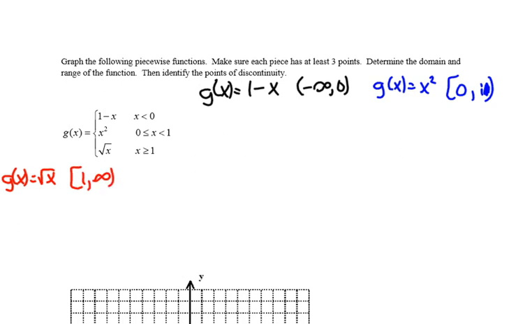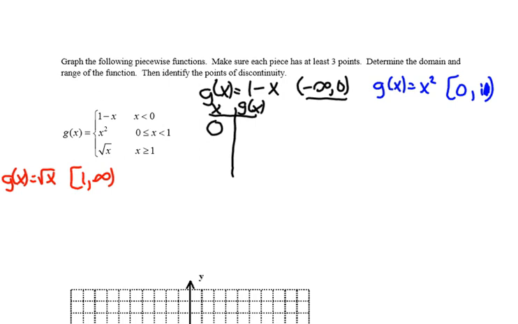All right, so let's create a table for this. But remember, you need to keep track of what your domain for each particular piece is going to be. For the first one, even though 0 is not part of the domain, that is a boundary value. This lets me know where to stop the graph on the right-hand side.